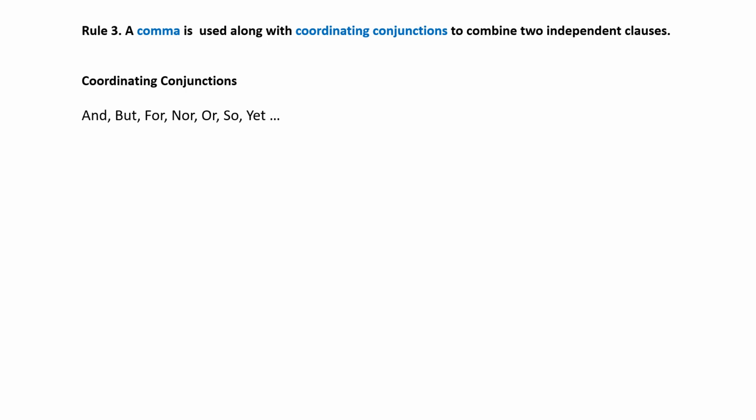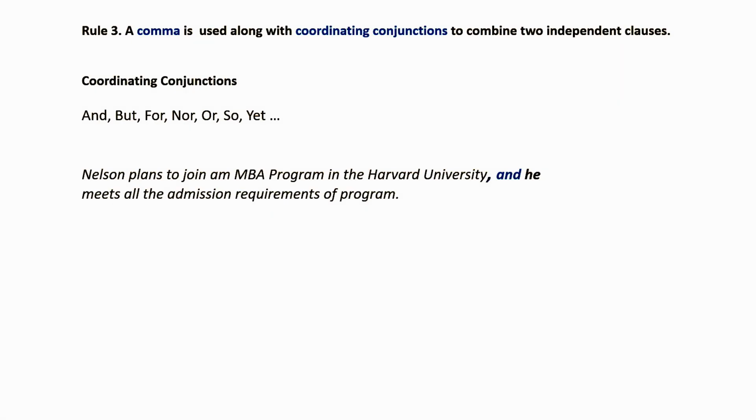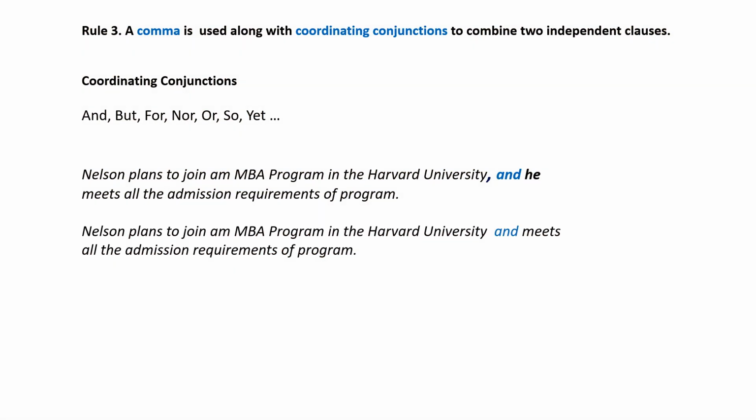What is an independent clause? A clause that doesn't begin with a subordinator is an independent clause. Now observe the sentences which have 2 independent clauses joined with the coordinating conjunctions. What is the difference between these 2 sentences?